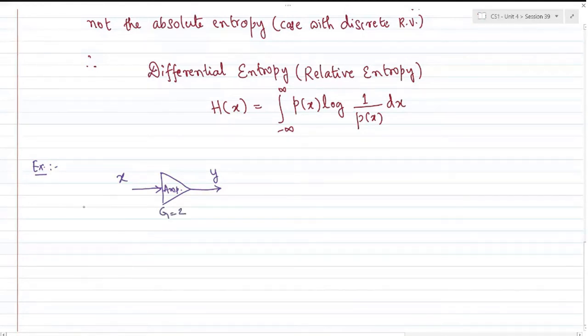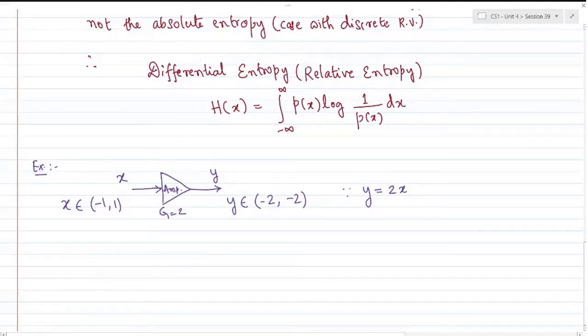We'll also say that x will take all continuous values within the range of -1 to 1, and obviously with the amplification factor of 2, y will take all the continuous values between -2 to 2, because y is twice of x.